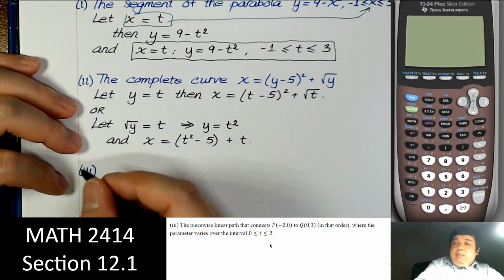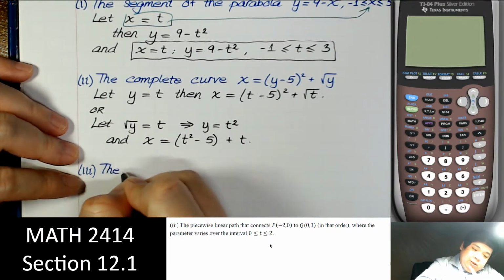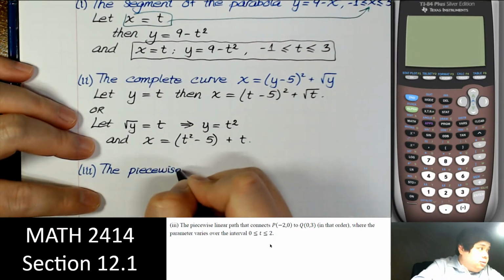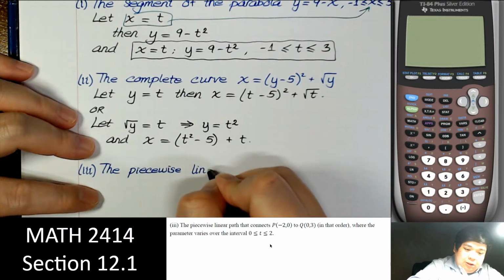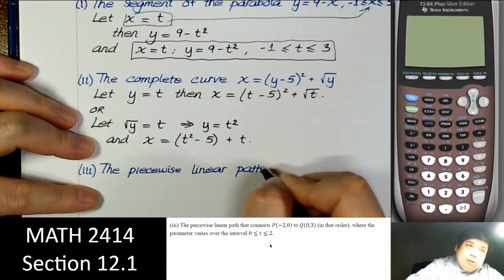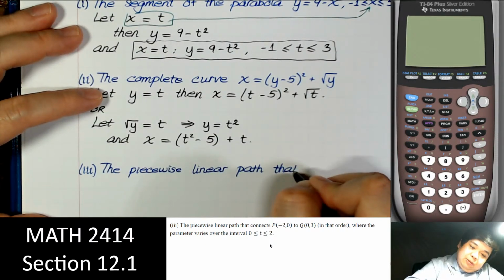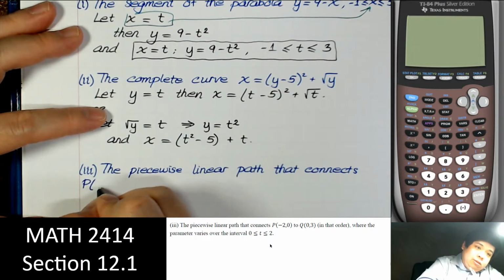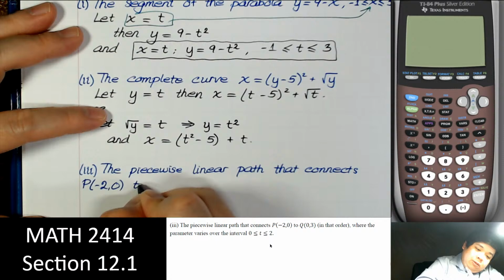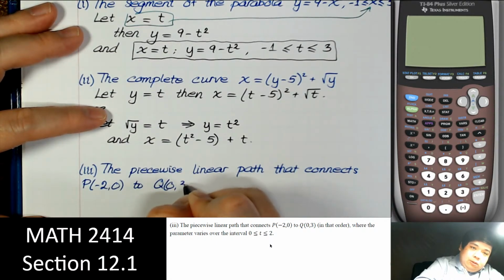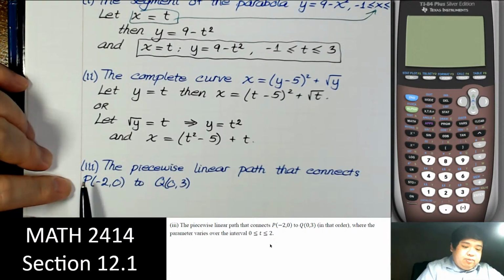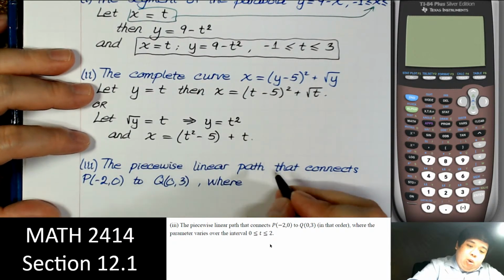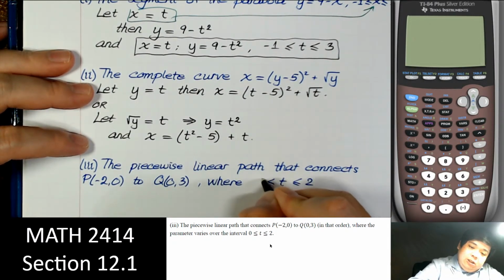Now try to find the linear path. I would try to find the line connecting these 2 points, where t is between them.